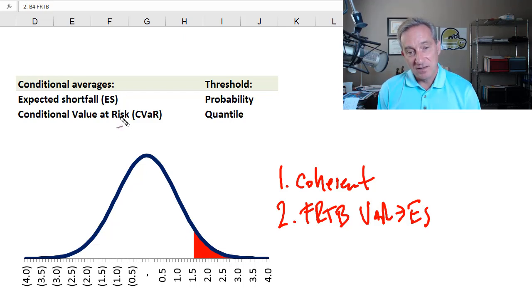But I'm going to show you the differences in how we define the threshold, and this is what makes expected shortfall better than conditional VaR. Expected shortfall is the average conditional on us ending up in the 5% tail, if it's a 95% VaR.